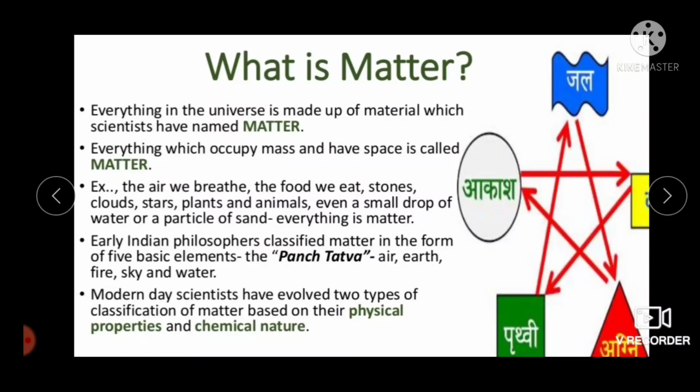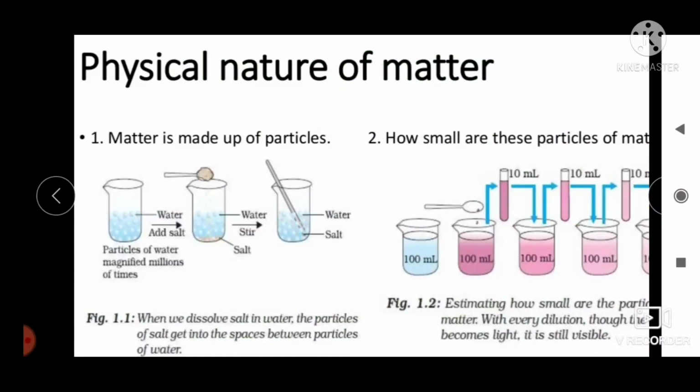Ancient Greek philosophers had arrived at a similar classification of matter, and modern scientists have evolved 2 types of classification of matter based on their physical and chemical nature. In this chapter, we will study the physical classification of matter, while chemical classification of matter will be discussed in the next chapter. The first topic is physical nature of matter.